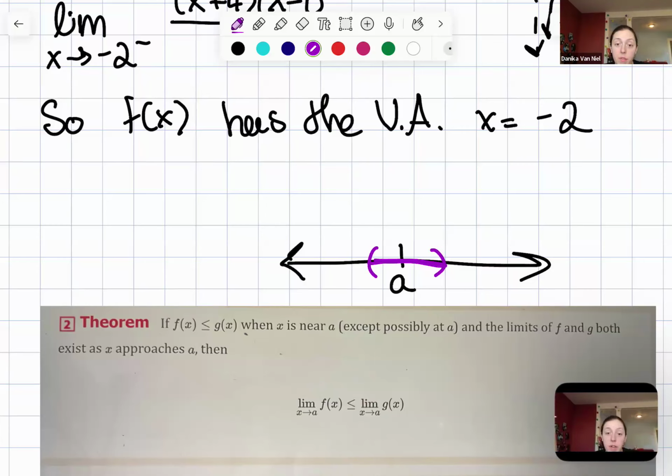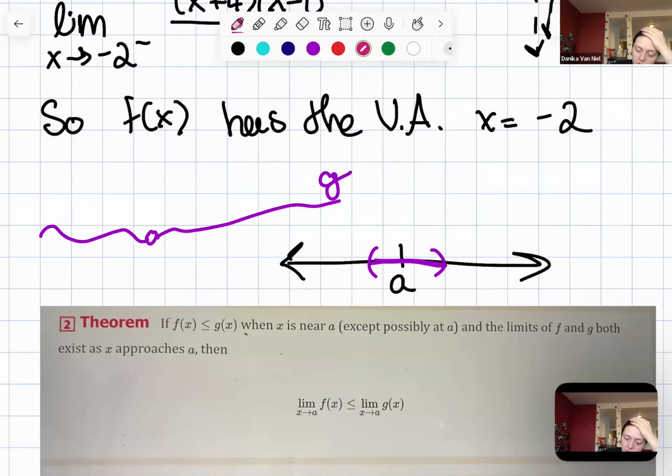Something weird could happen in the function, though. I could have, here's my g, and here's my f. Maybe they're equal here, and then a jump discontinuity, and then maybe later on f is bigger. I don't know.